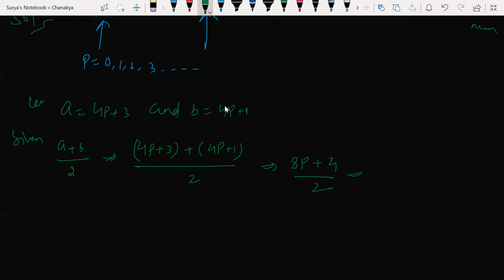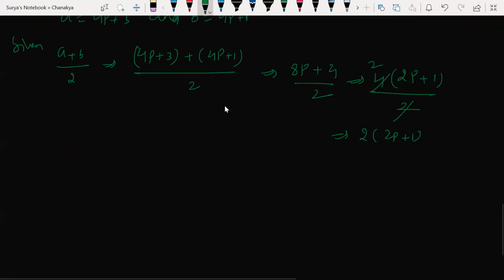If I take 4 common, what is going to happen now? 4 times (2p plus 1) divided by 2. 2 twos are 4, so 2 times (2p plus 1). What type of number is this? It is clearly an even number. Why is it even? Any number, if you multiply by 2, it becomes always even.